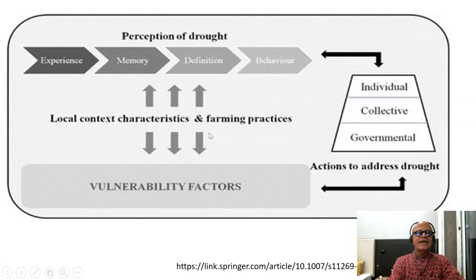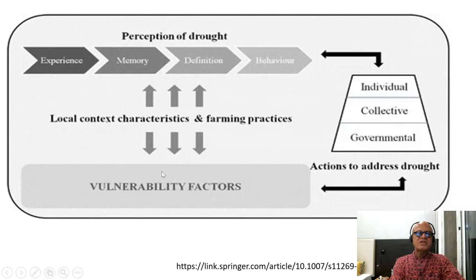That is going to have a local context in terms of characteristics and farming practices. It depends on whether it's rain-fed agriculture or irrigated agriculture. We will see later on how those things matter as well.